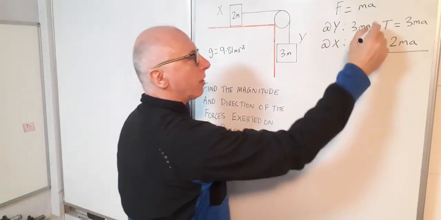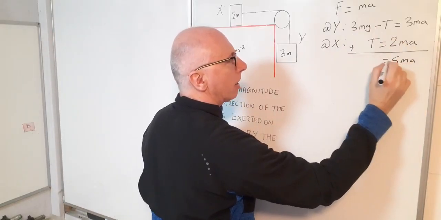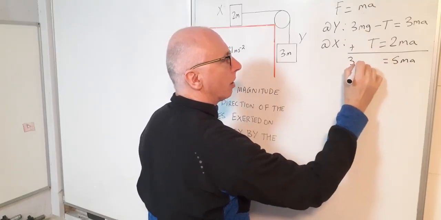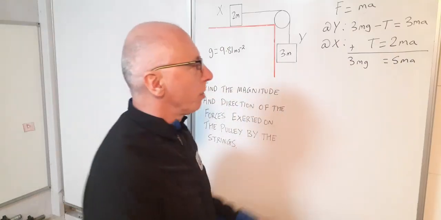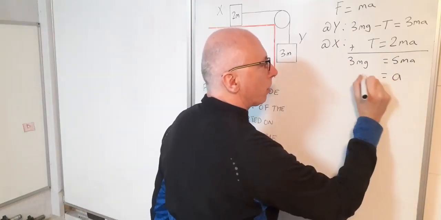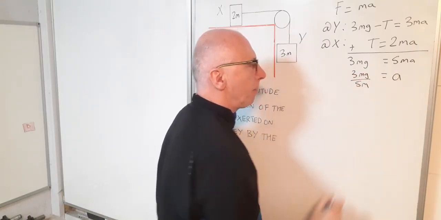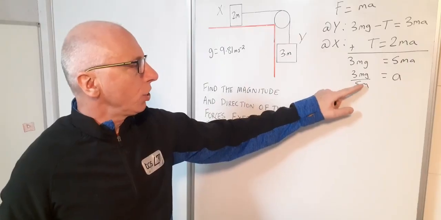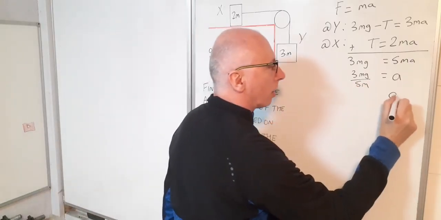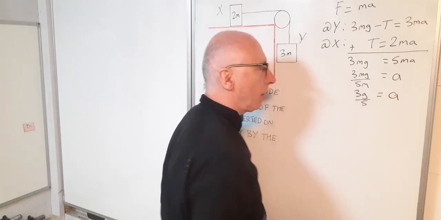So let's just add them together. So then I've got 5ma equals 3mg. So the T's will cancel out. Then I can get a on its own. So a equals 3mg over 5m. So the m's will cancel out and a will be 3g over 5. So that's my acceleration.